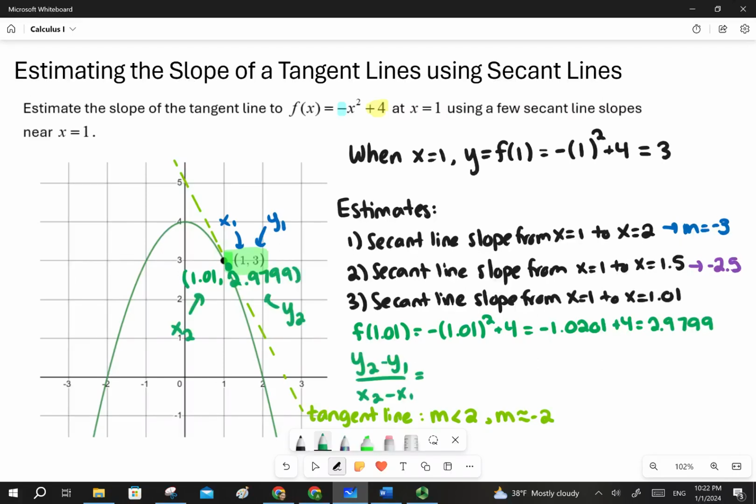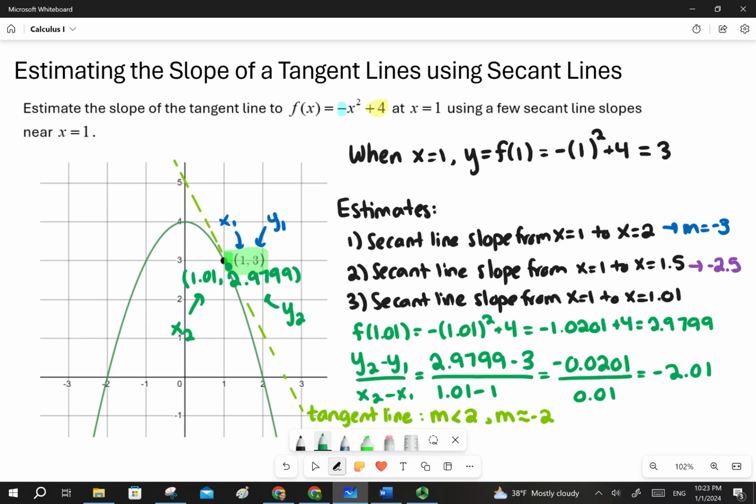So the slope of this secant line is 2.9799 minus 3 over 1.01 minus 1, which is negative 0.0201 over 0.01, which is negative 2.01.